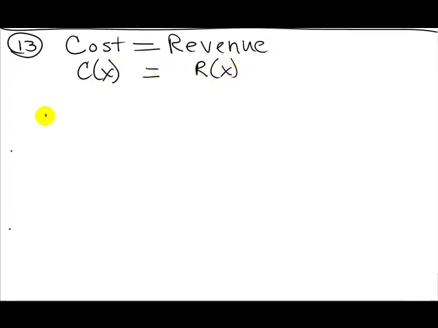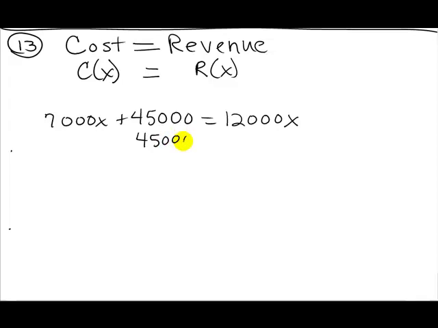So that means 7,000x plus 45,000 equals 12,000x. And then we just solve this. So 45,000 equals 5,000x.